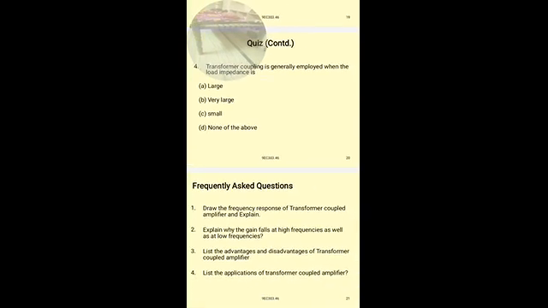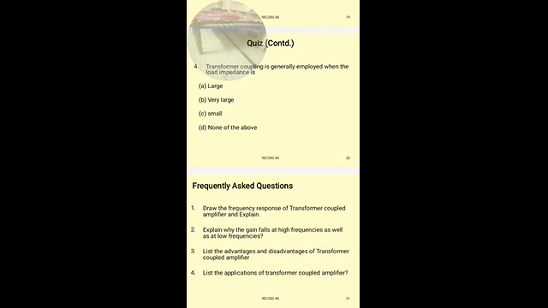So these are questions frequently asked in the examination on this topic. Draw the frequency response of the transformer coupled amplifier and explain the construction and working of the transformer coupled amplifier.